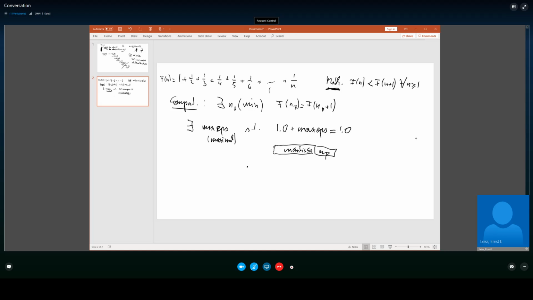The mantissa is basically assumed to be a number that is 0.1 and then other stuff, and the exponent then is whatever.